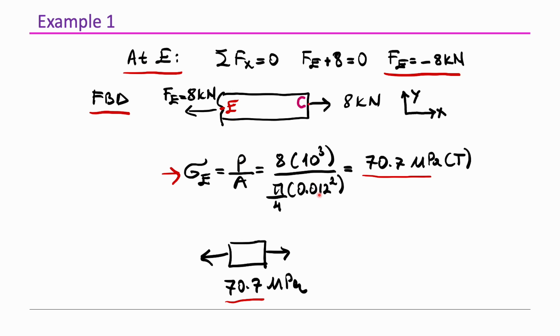When we substitute all of these values, the result yields that the internal normal stress acting at point E is equal to 70.7 megapascal, and it is a tensile stress because it tends to pull the section out. We can also draw the stress element and demonstrate the normal stress acting on the stress element as presented here.